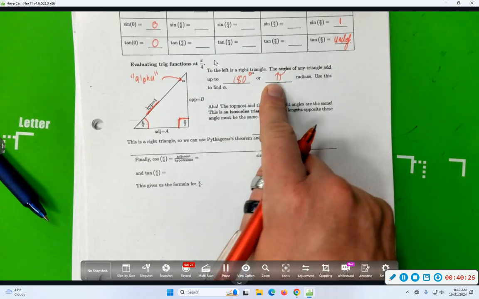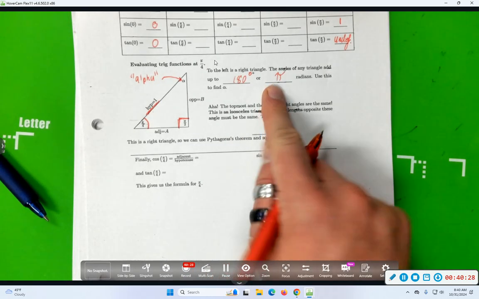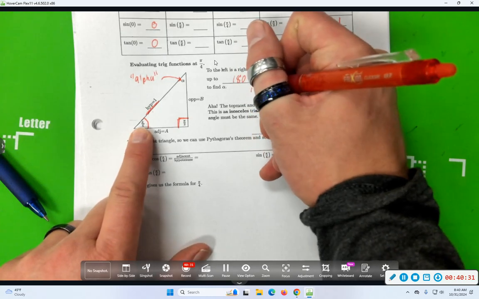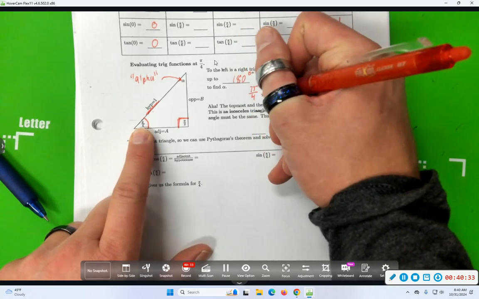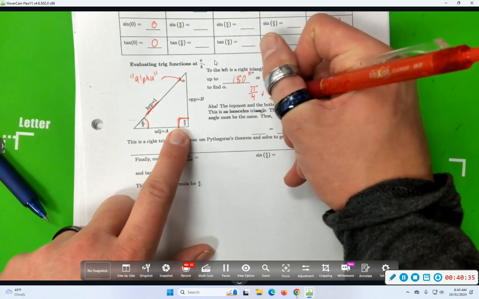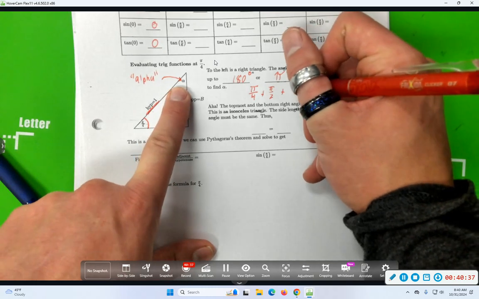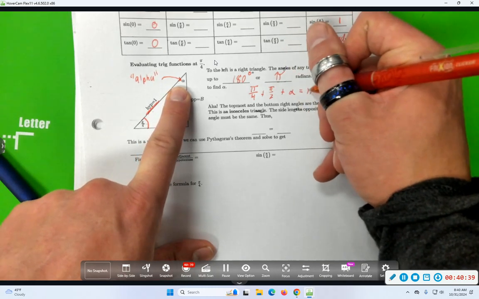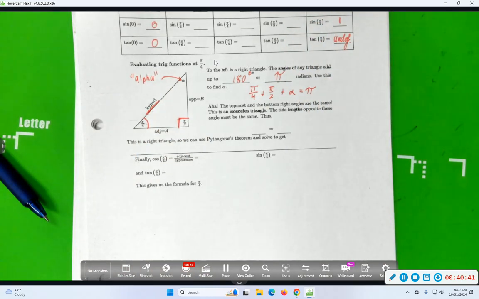The interior angles of a triangle add up to pi radians. So that means pi over 4 plus pi over 2 plus alpha adds up to pi. Is that enough that you can figure out alpha? Should I do the algebra to do that? Okay. What's alpha?